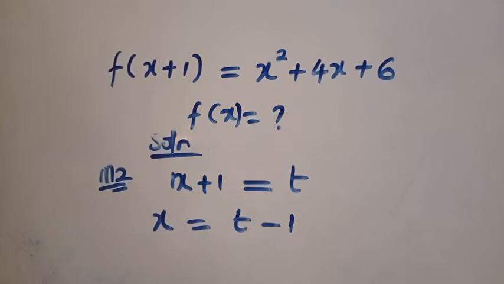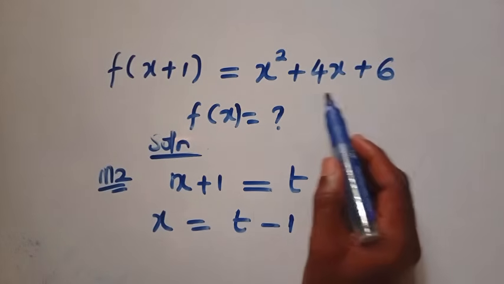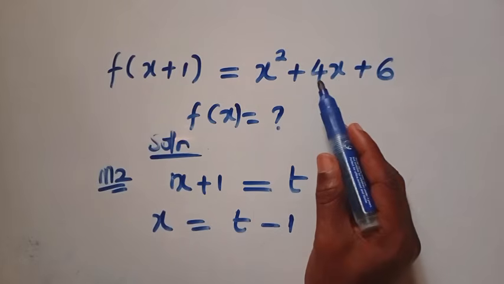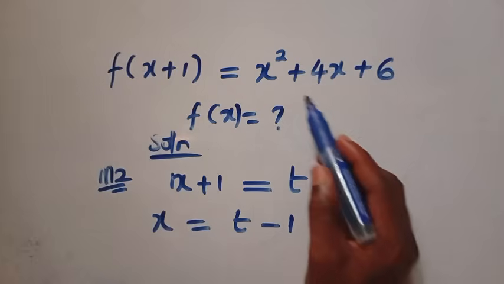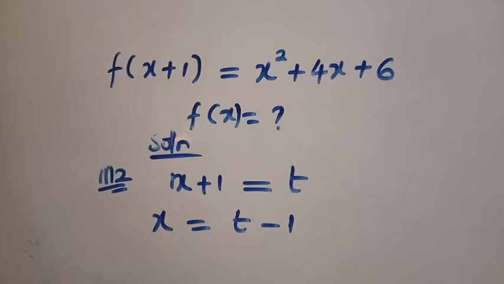And from the right hand side, we have x squared plus 4x. We need to have our x squared and we need to have our 4x.